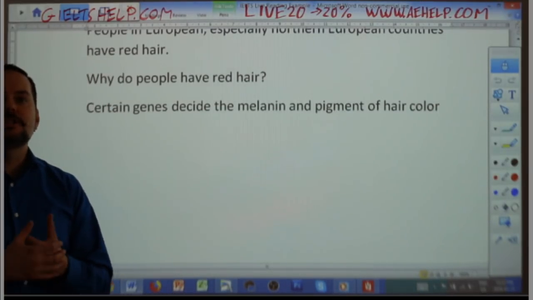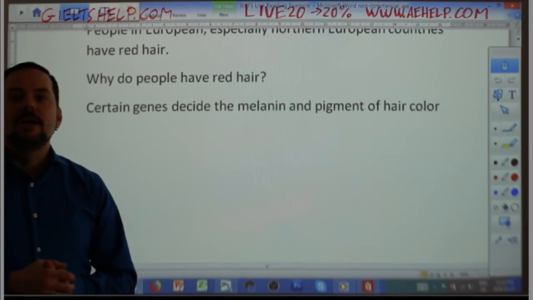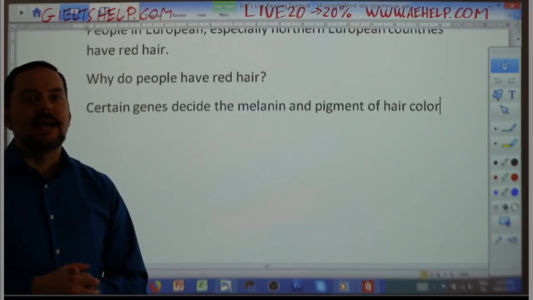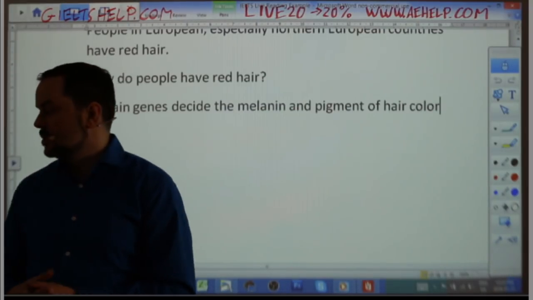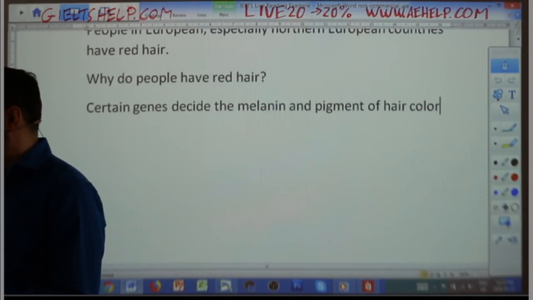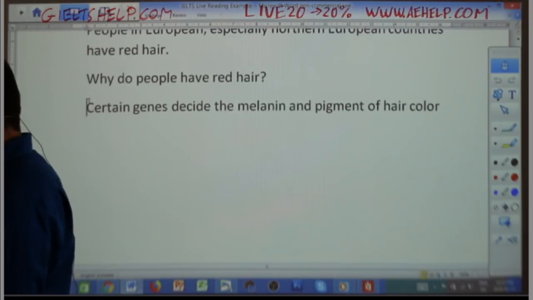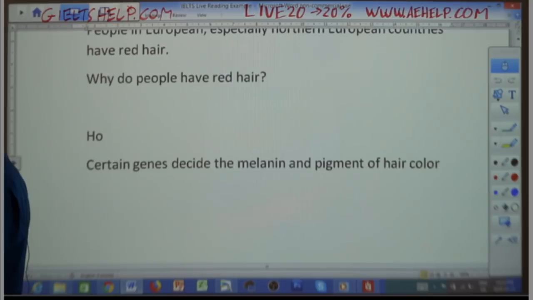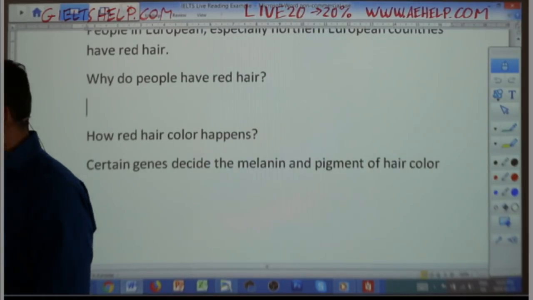So certain genes decide the melanin and pigment of hair color. But this still doesn't really answer the why. This is almost more the how. Okay, so this is more applicable to how red hair color happens. It's still not really the why answer.